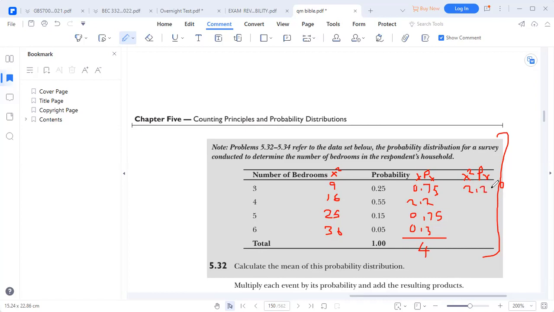Get 2.25. 16 by 0.55, we get 8.8. 25 times 0.15, we get 3.75. 36 by 0.05, we get 1.8.